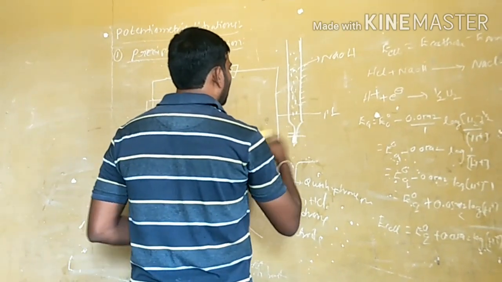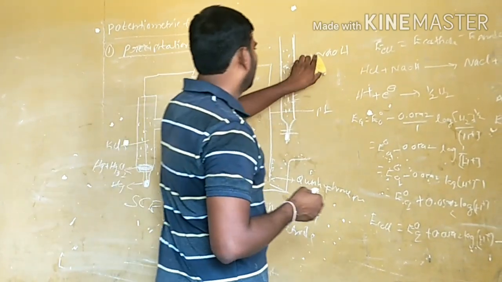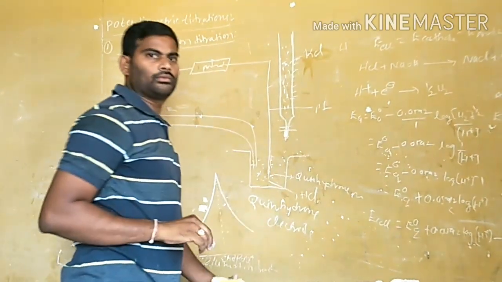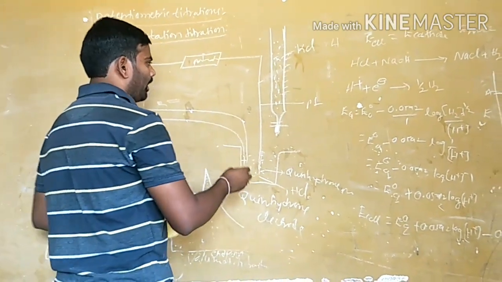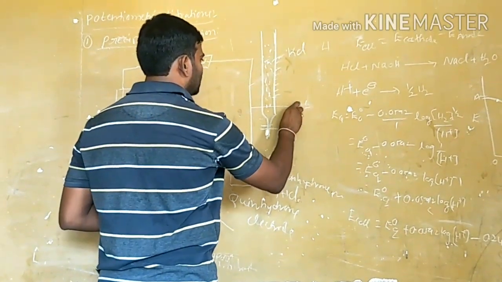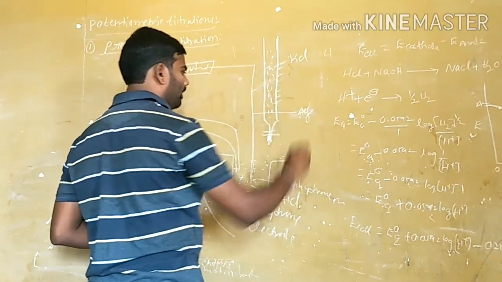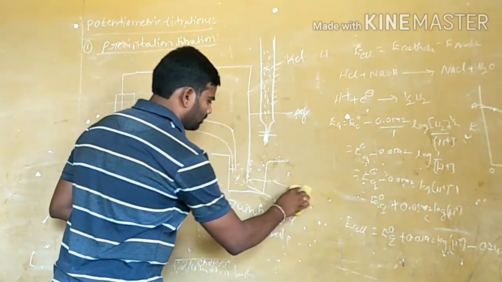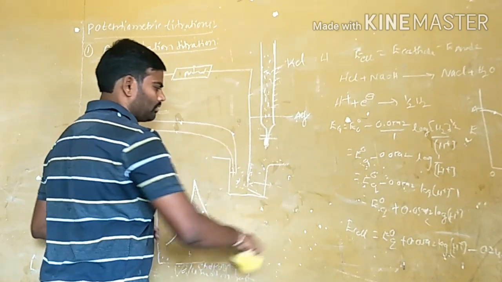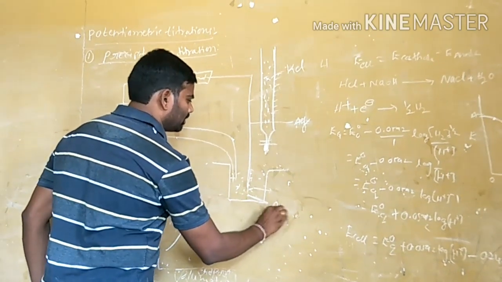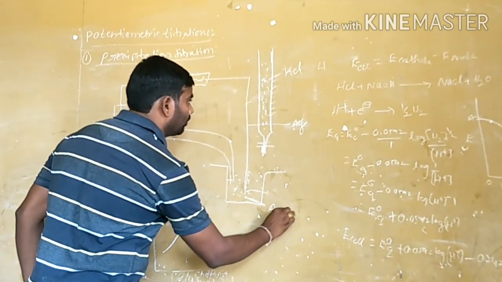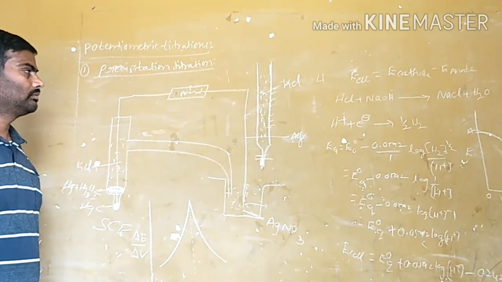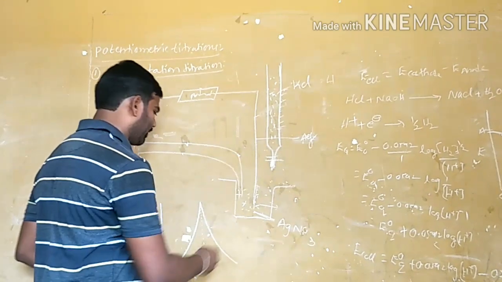Here, in the burette, we are taking KCl solution. Here we are taking the silver electrode, silver wire. In the solution we are taking silver nitrate solution.